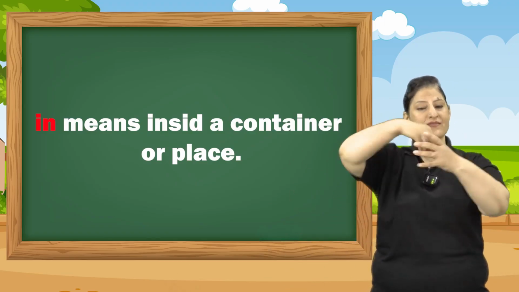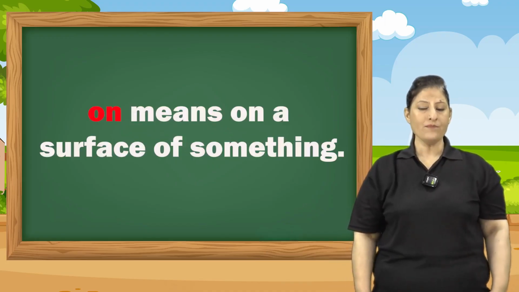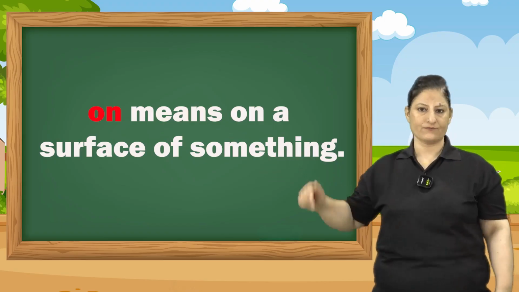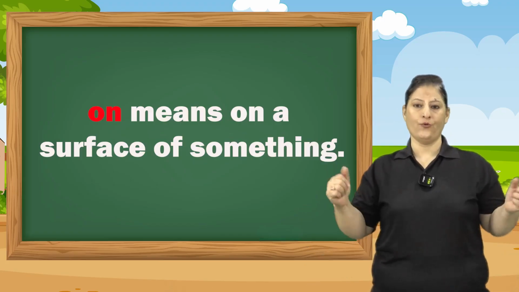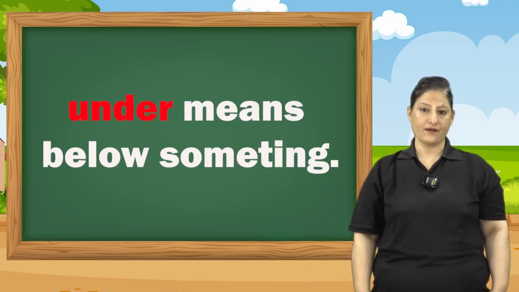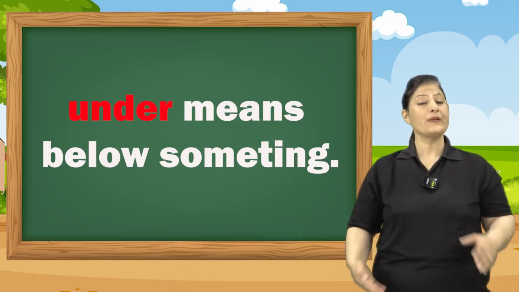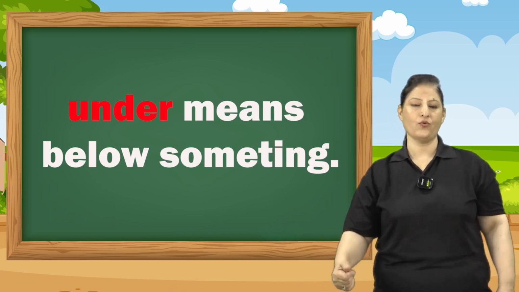In means andar, inside. On means on a surface of something. On का मतलब होता है किसी भी चीज के ऊपर होना. Under means below something, यानी किसी भी चीज के नीचे होना.